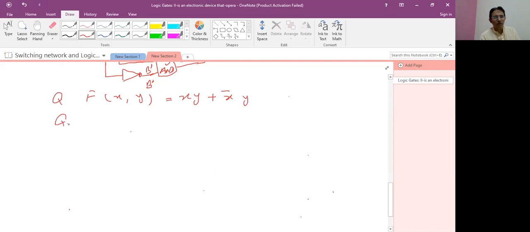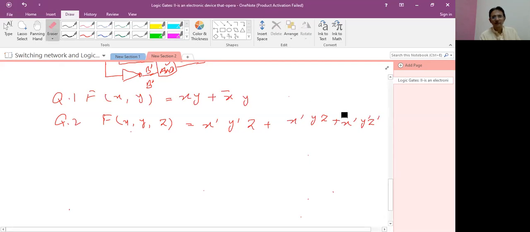And the next question about when we draw a gate, f of x, y, z, which is equal to x complement y complement z plus x complement y z plus x y complement z complement plus x, y, z. They are similar.